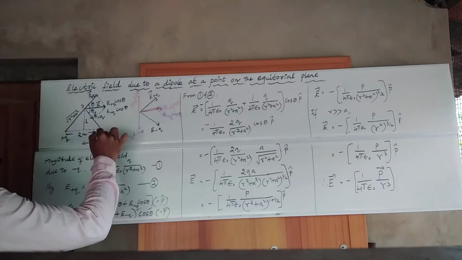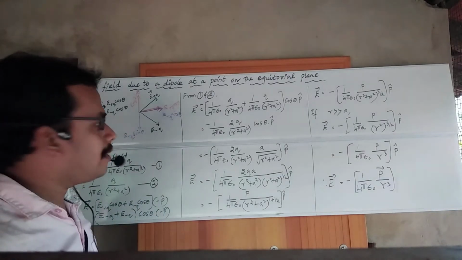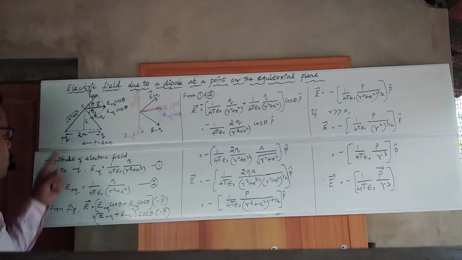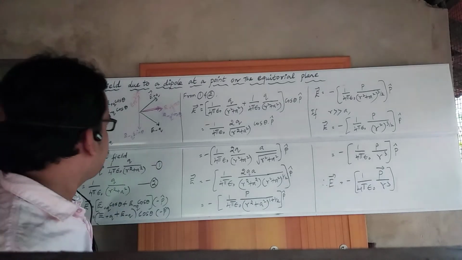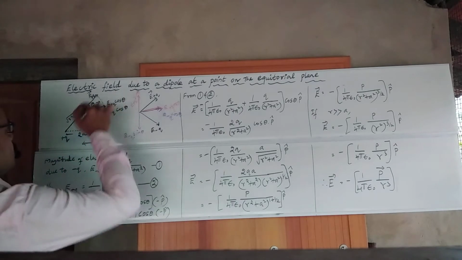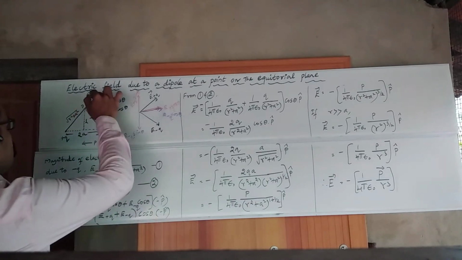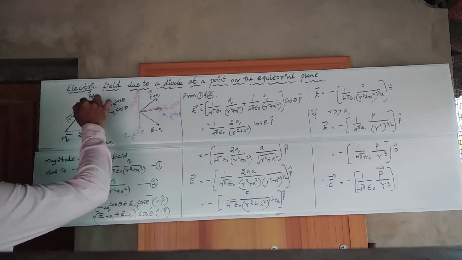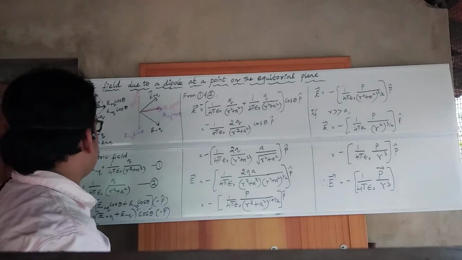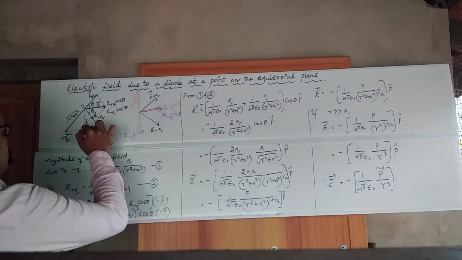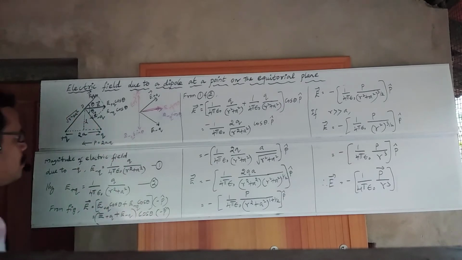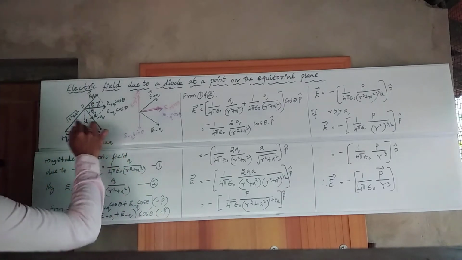The two charges plus q and minus q both will have electric field at this point. Due to both the charges, electric field will be there. The directions of those electric fields, you can see in the picture: E plus q outward, E minus q inward towards the charge as it is a negative charge. And the distance between the center of the dipole and the point of consideration is r, that we have taken here.